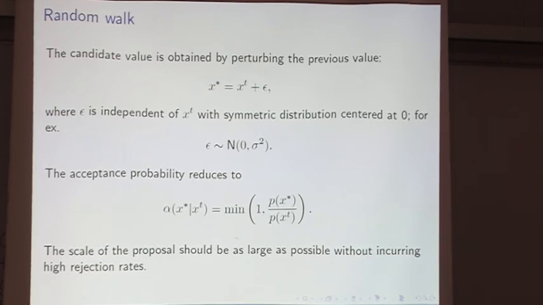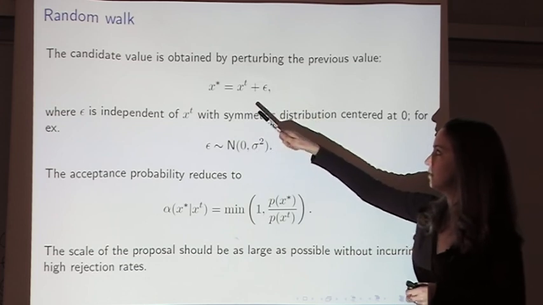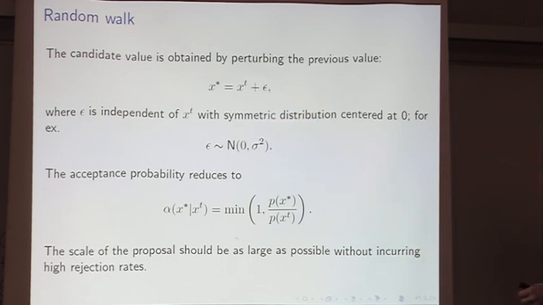Okay, so let's look at another example for the proposal. The random walk. So in this case, we propose a new sample, x star, by just perturbing our current state by some error. So we just take our current state and we add an error to it. This epsilon is independent of our current state, and it has a symmetric distribution centered at 0.